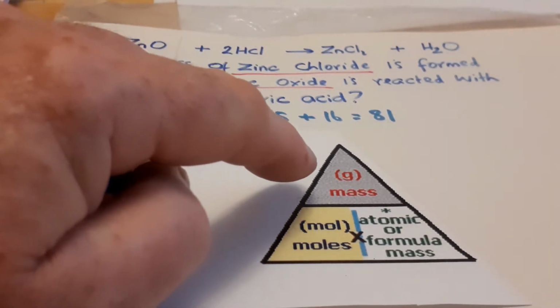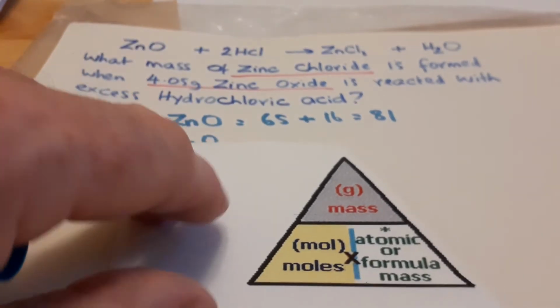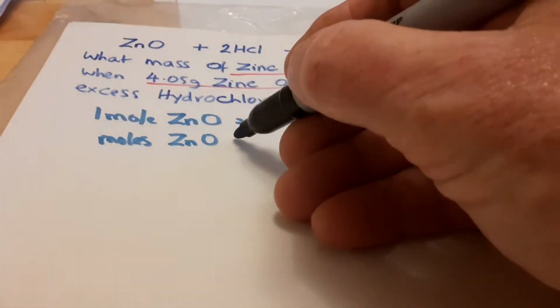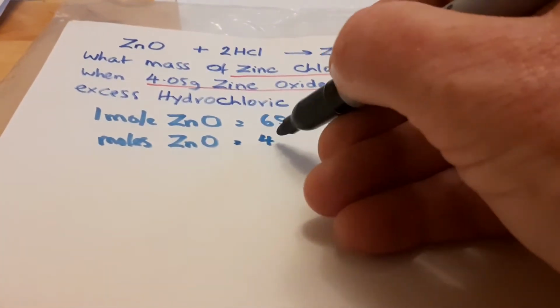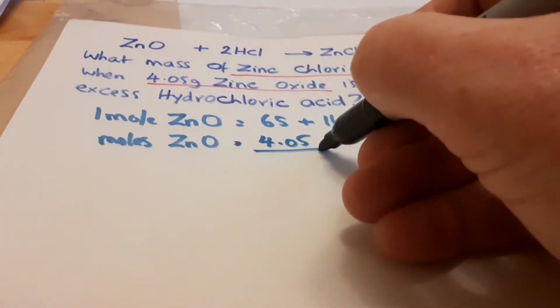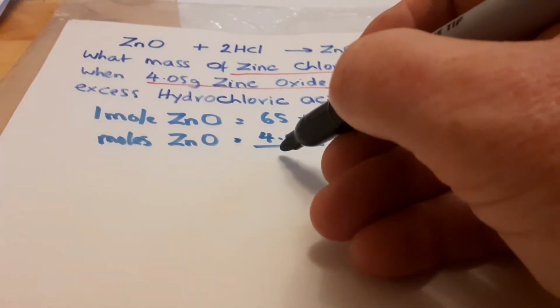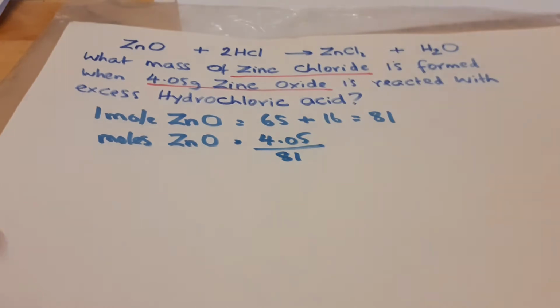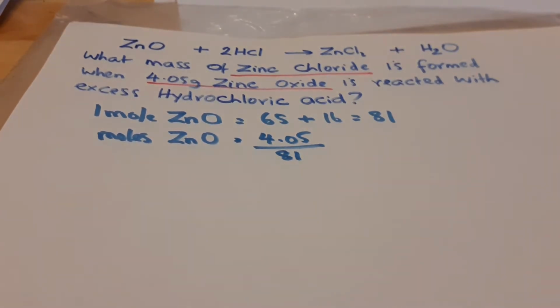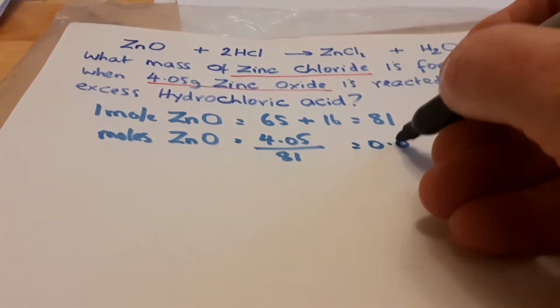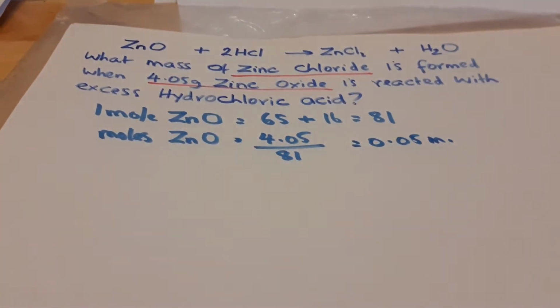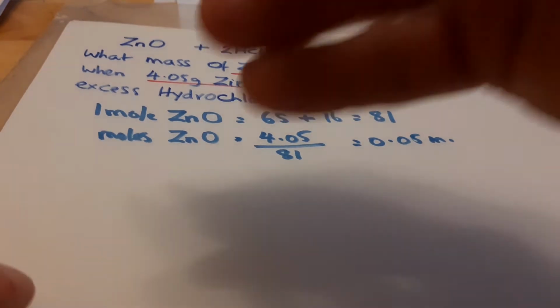It'll be the mass divided by the mass of 1 mole. So, moles of zinc oxide, we've given 4.05 grams, and 1 mole is 81. So, 4.05 divided by 81 equals 0.05 moles.